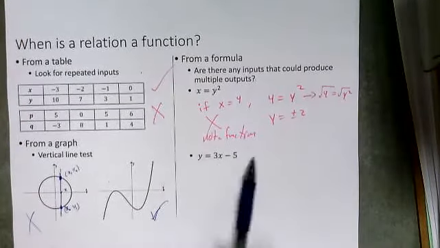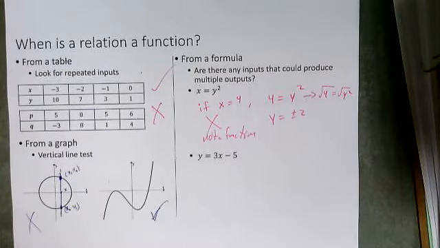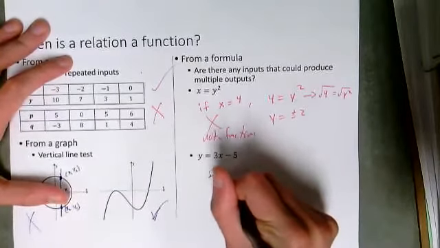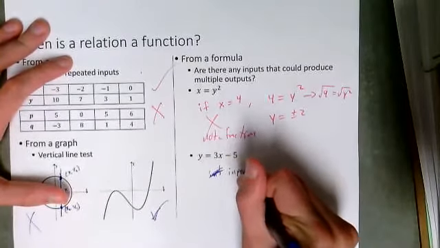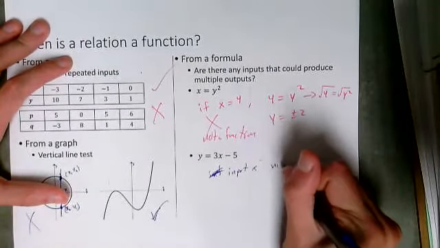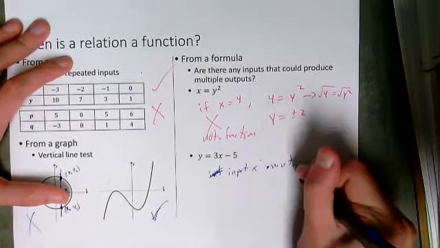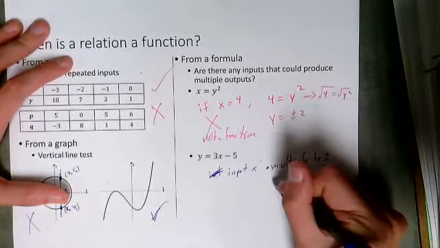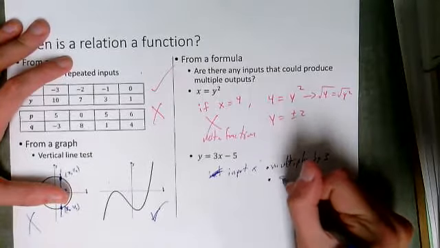What about this guy? What's happening in this function or formula? Well, taking our input x, that's not how you spell input. Taking our input x and multiplying by 3. Then you're subtracting 5.